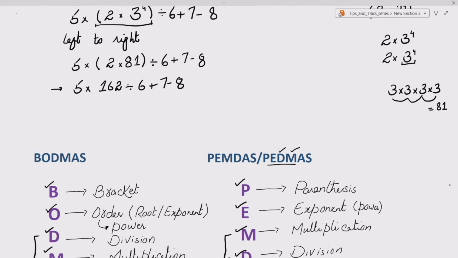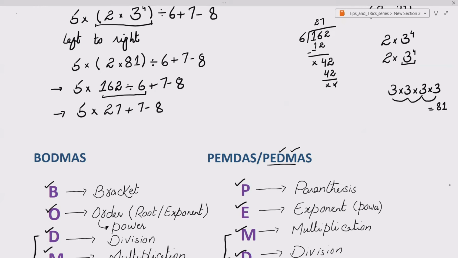So we have to divide 162 by 6 first. 6 comes outside, 162 goes inside. 6 into 2 is 12, 6 minus 2 is 4, so we get 42, and 6 times 7 gives 42. So 162 divided by 6 is 27. It means we have 5 multiplied by 27 plus 7 minus 8.